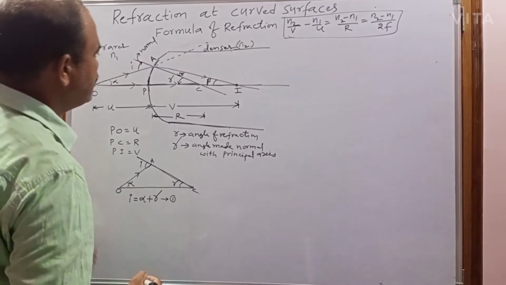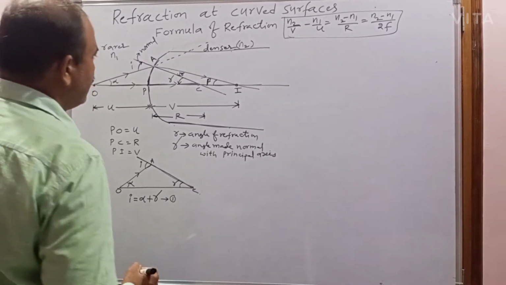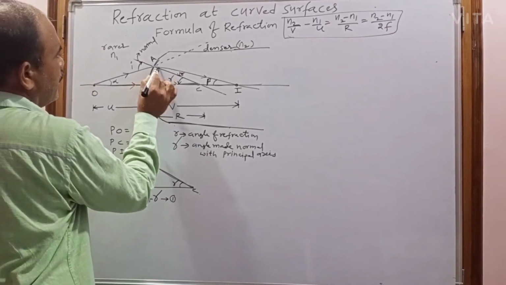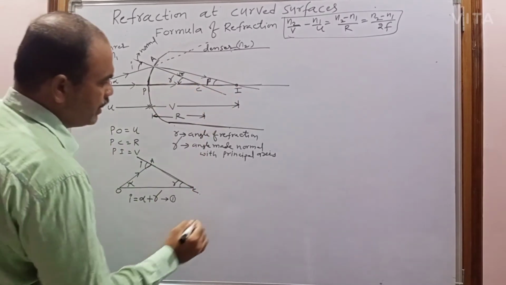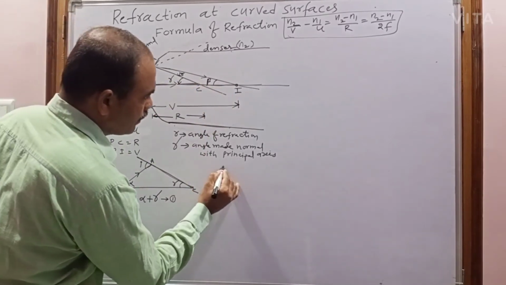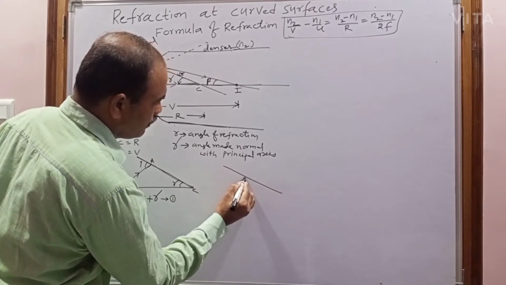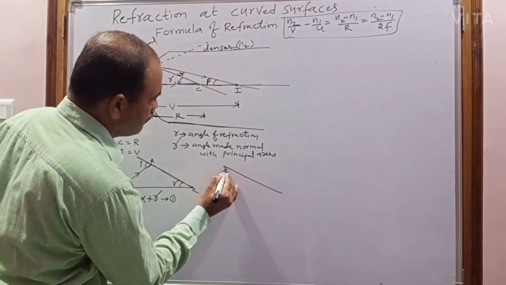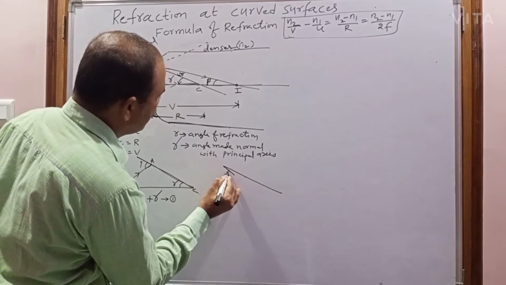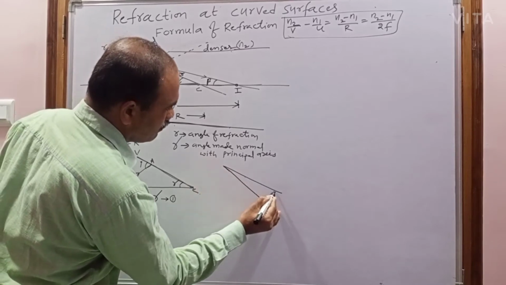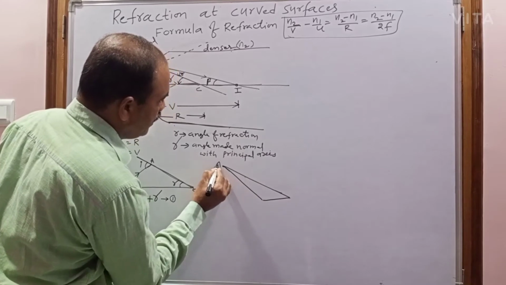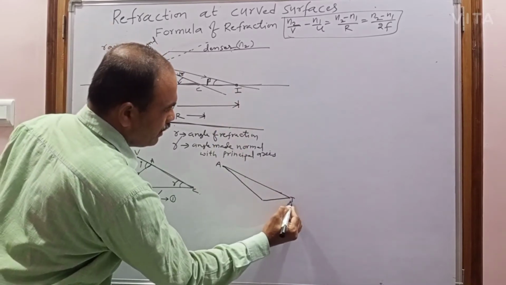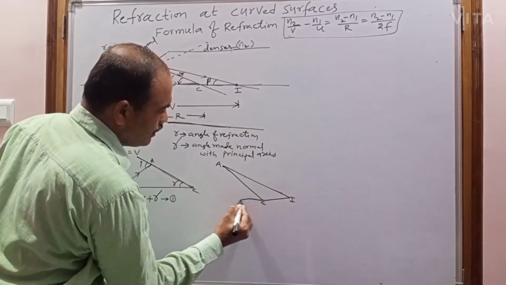Now consider another triangle, that is A, I and C. I am writing here. So this is A, this is I, this is C, and this is the principal axis.